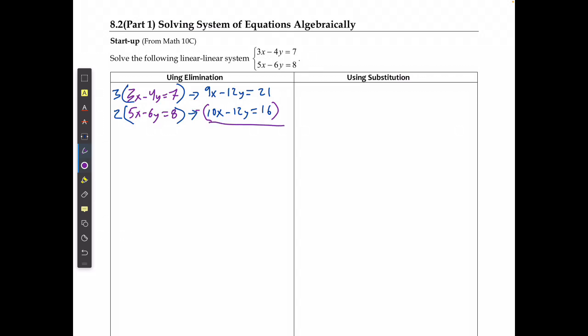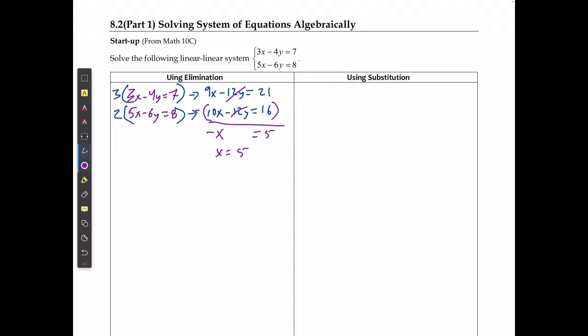So if I have 9x take away 10x, then I just have a negative x. When I have negative 12y and negative 12y, they cancel each other out, and 21 minus 16 is going to give me 5. So if negative x is equal to 5, then x is going to equal negative 5.